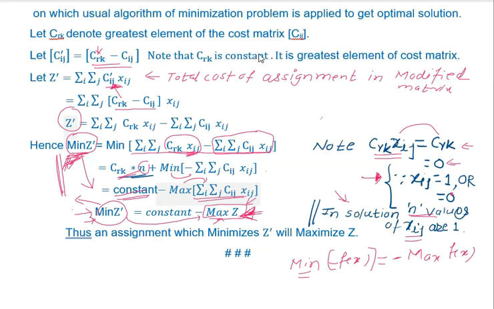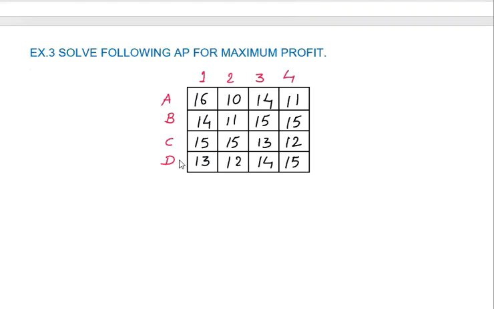All right, let us solve one example on the maximization case. The problem is: solve the following assignment problem for maximum profit. The objective function is to maximize the profit, that is, find the assignment which will give you the maximum value of z. Z is the objective function, the double summation of Cij Xij in the mathematical formulation.